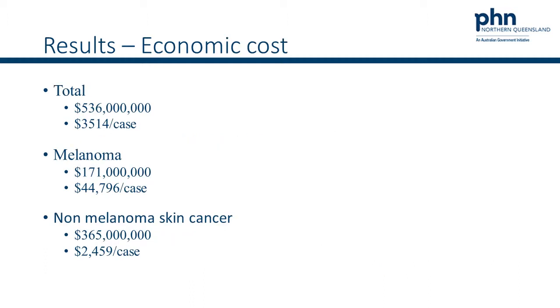The lifetime economic cost of skin cancers for all cases was $536 million. Of this, the nearly 4,000 melanoma cases cost $171 million, while the 148,000 non-melanoma skin cancers cost a staggering $365 million.